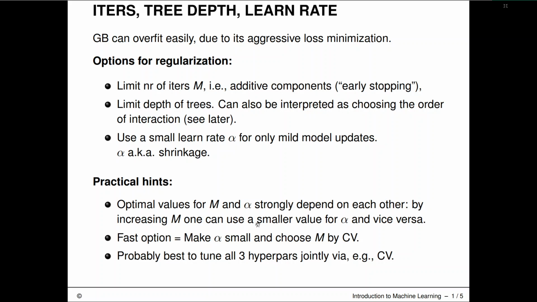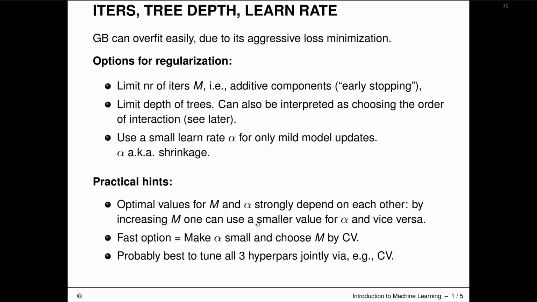Or, as always, a common regularization technique: we can control the learning rate alpha and only do mild model updates. Some people also call that the shrinking parameter in boosting because there are some connections to parameter shrinking and penalty techniques, which I will not discuss here in this section.